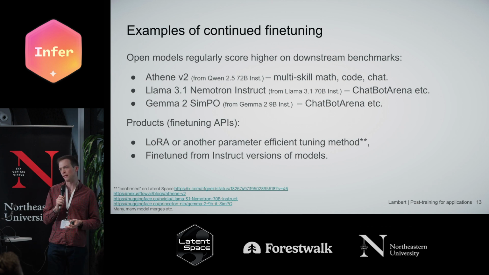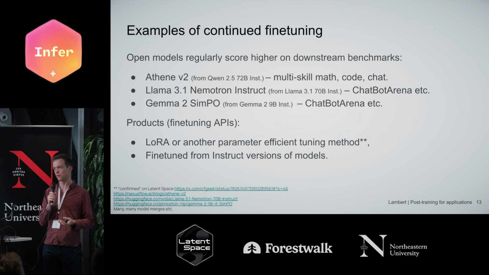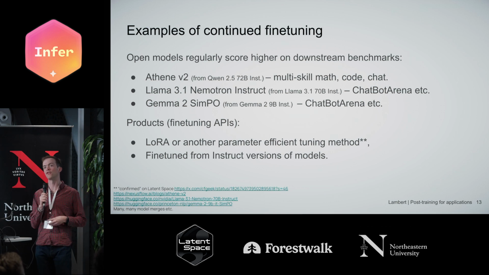Chatbot Arena is probably not what you care about, but it goes to show that you can do this multiple times. And I think that you're not going to get that much help from academia in the near term. For whatever reason, it's not considered an apples to apples comparison if you're doing a research paper on post-training. On the other side, there are products for fine-tuning. I don't know a lot about them.